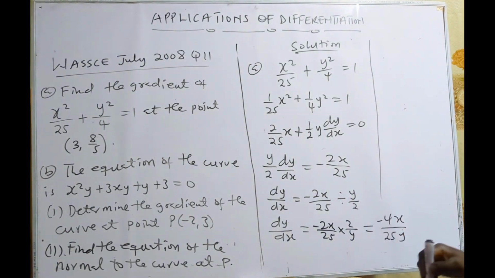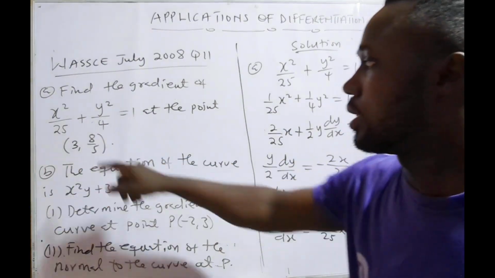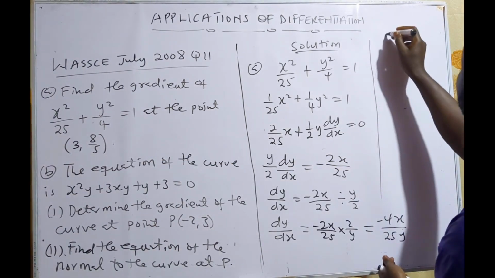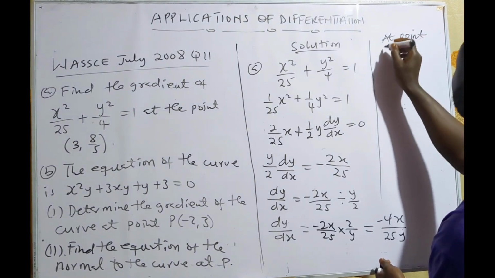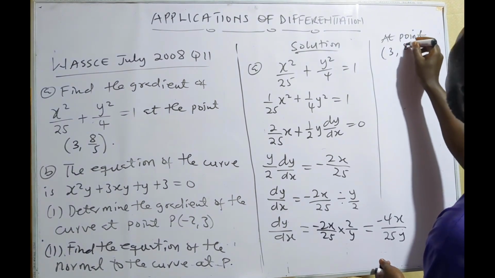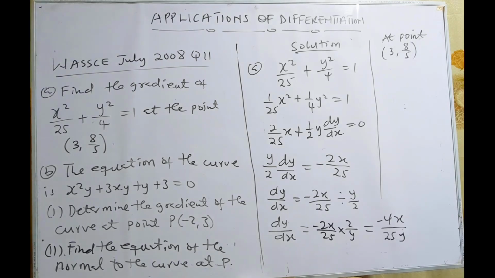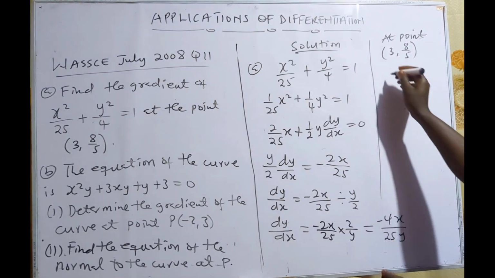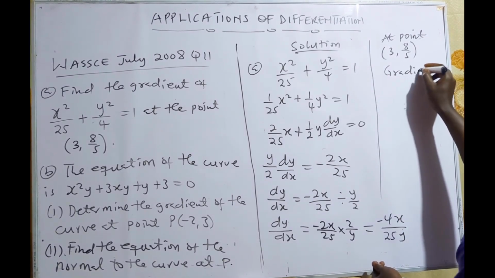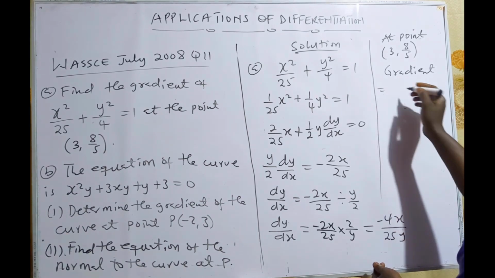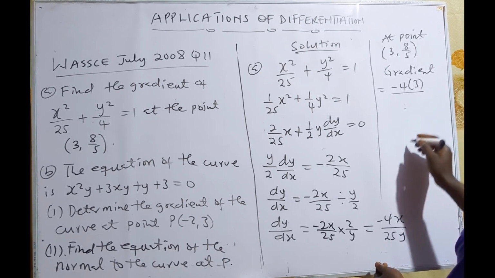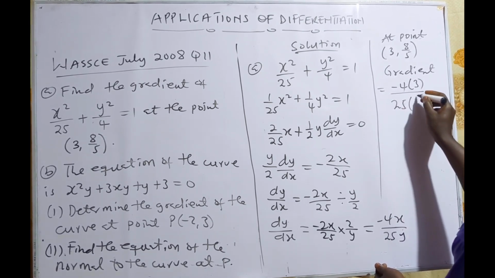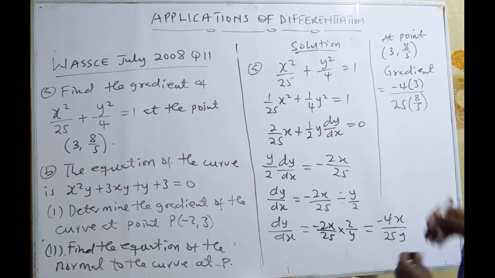So I said I should find the gradient of this at the point (3, 8 over 5). Know that this is the gradient function. So my gradient will be equal to minus 4x, what is the x? 3. Over 25y, what is the y? 8 on 5.